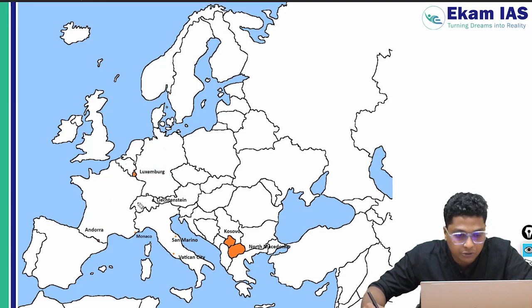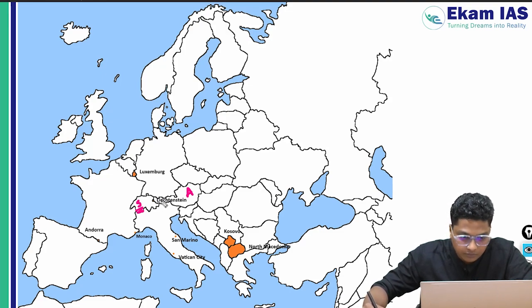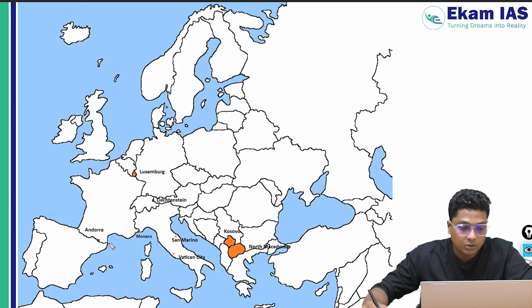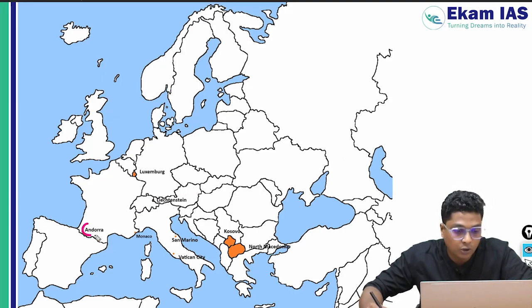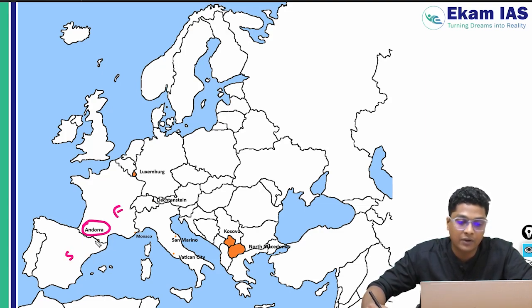Now look here, this is Switzerland, and this is Austria. Between Switzerland and Austria we have Liechtenstein, right? Also, look here. We have Andorra, located between Spain and France.